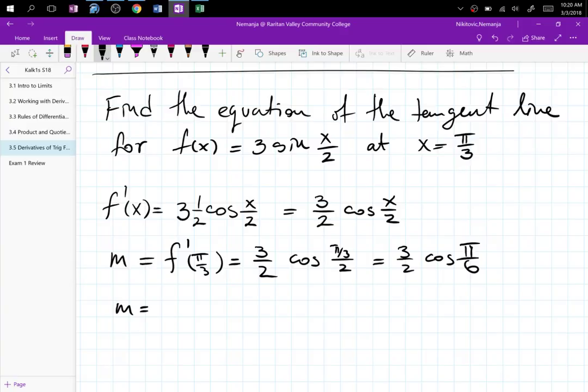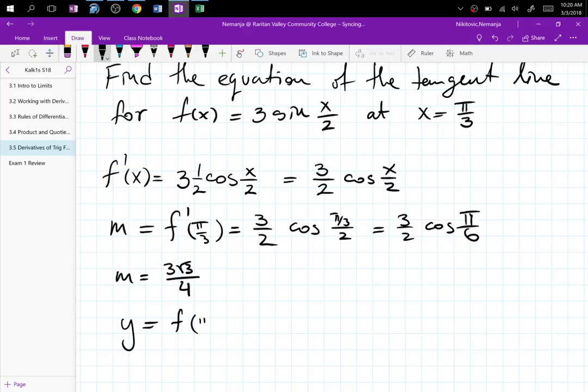The next is to find the y value of the function, because we need that as well to compute the line. We have to have a whole point. We only have x coordinate. So to find y, we will plug x in the original function, which is 3 sine, in this case 1/2 of pi over 3, which is 3 sine of pi over 6.